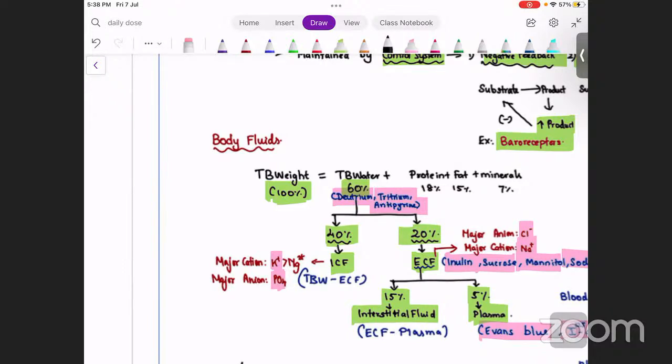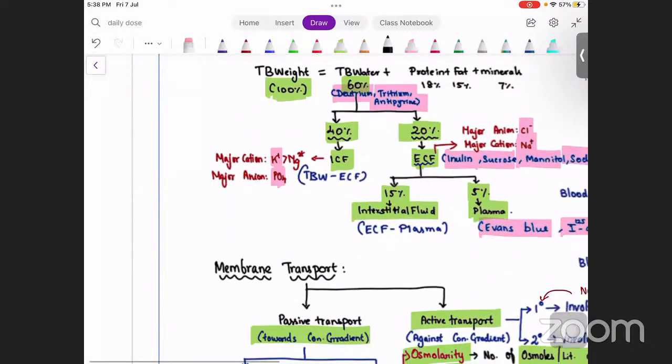Okay, and total body water is how much percentage of your total body weight? 60%. Very good. And major cation of your ECF is?